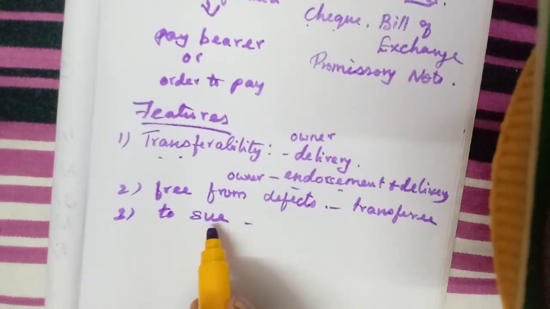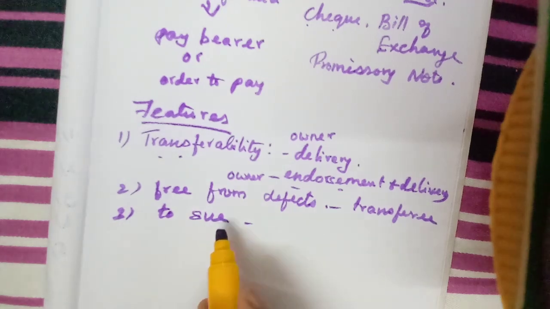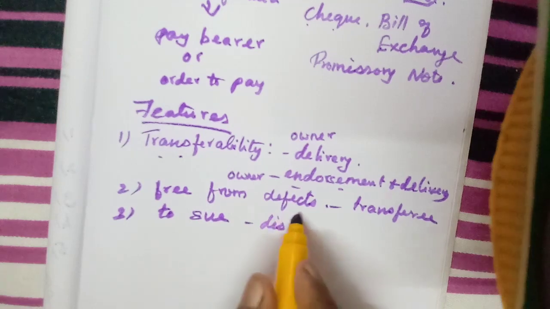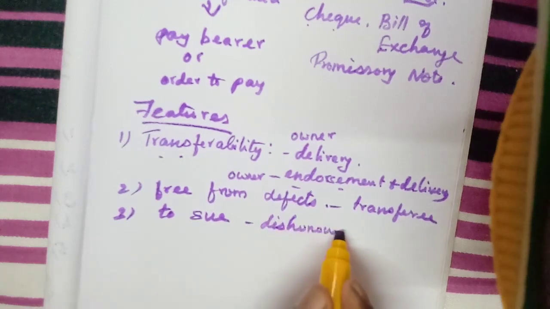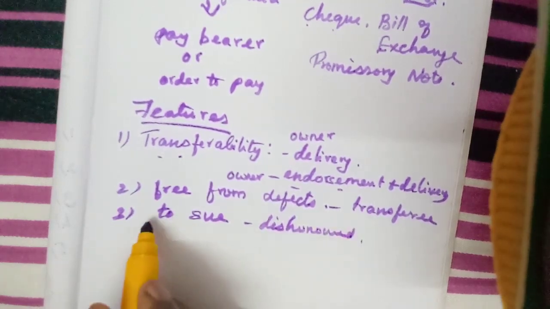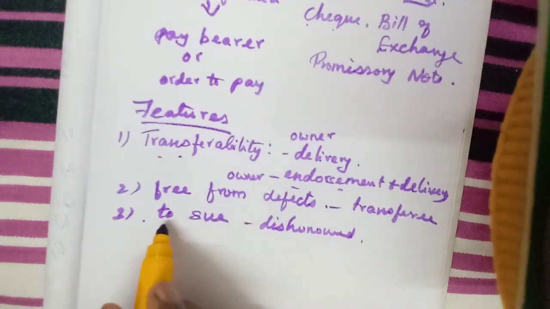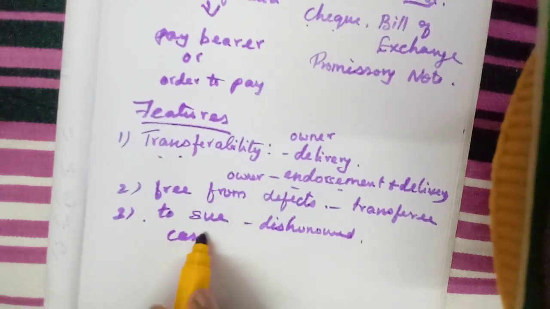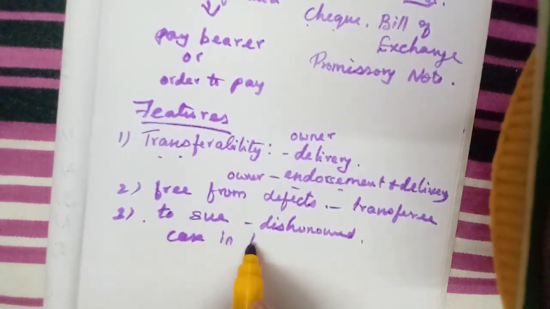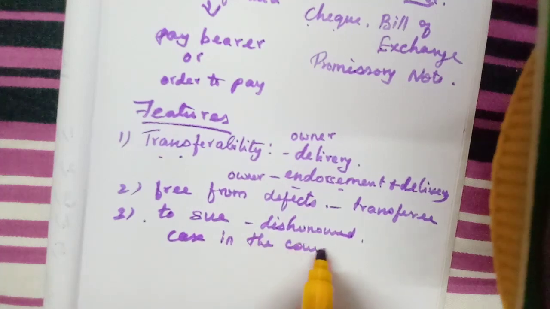If there is not enough money in his account, the check will be dishonored, isn't it? For that dishonored check, the transferee has the right to file a case in the court. Okay, that is called sue.